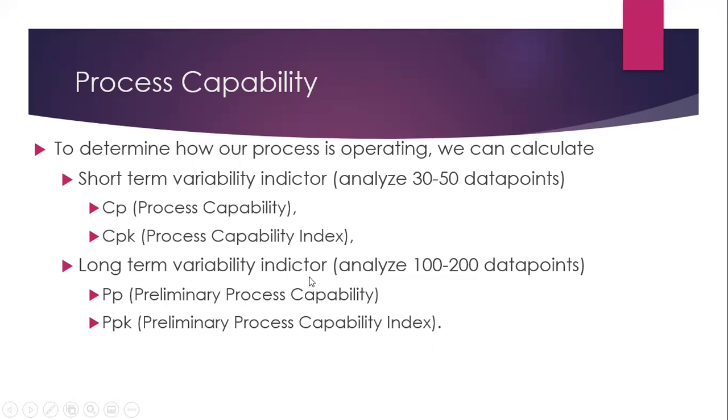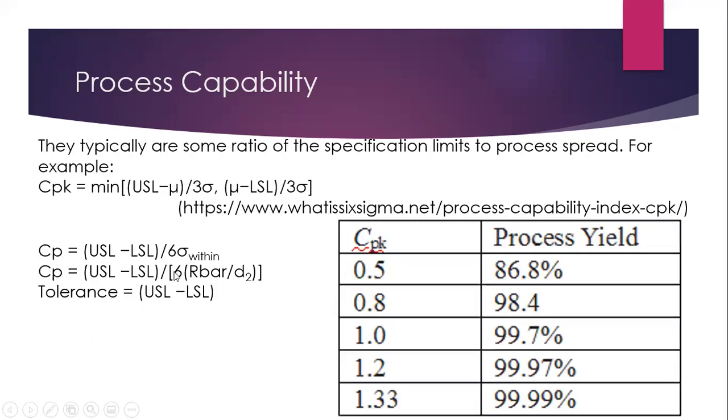Long-term variability indicators are identified by analyzing 100 to 200 data points. Short-term variability indicators include CP and CPK. And long-term variability indicators include PP and PPK. This is the formula for CPK and this is the formula for CP.